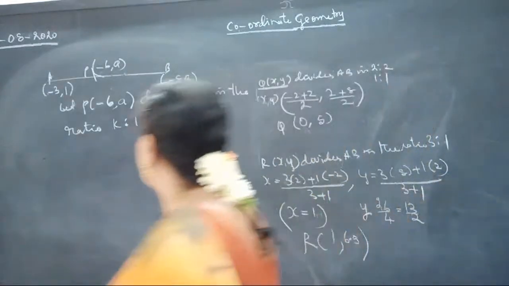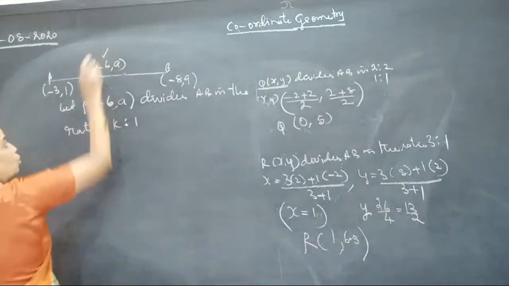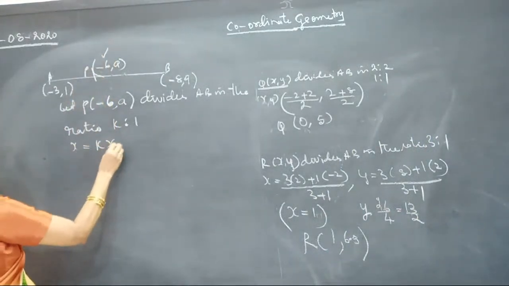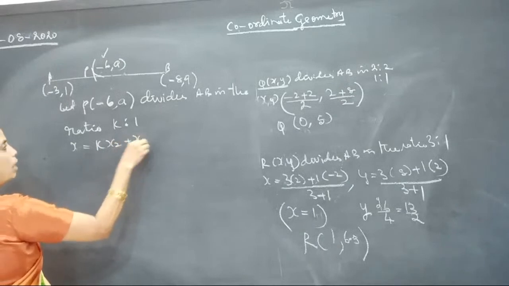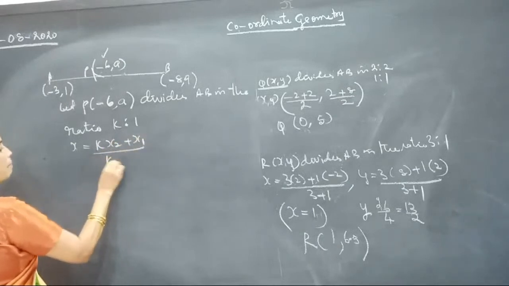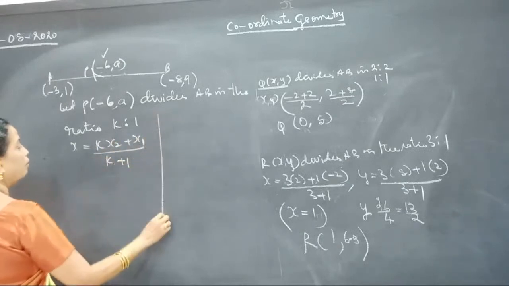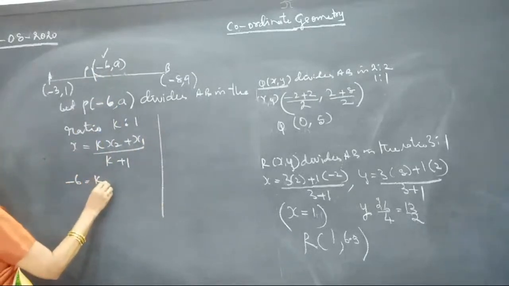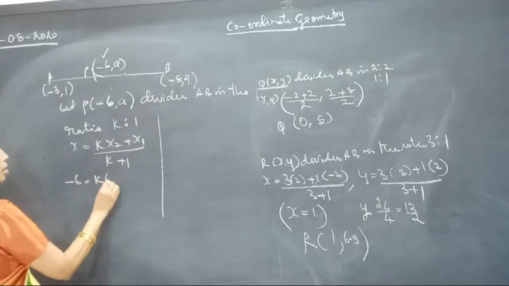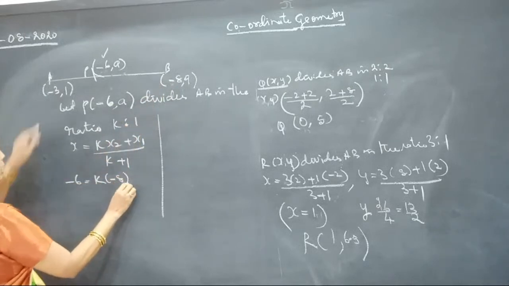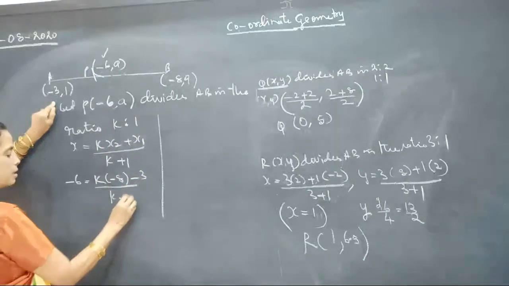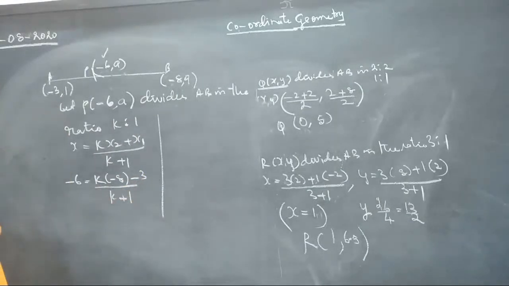That is, here x is known, we write x equals k x2 plus x1 by k plus 1, where x is minus 6, x2 is minus 8, x1 is minus 3, by k plus 1. Do the cross multiplication, what will you get?